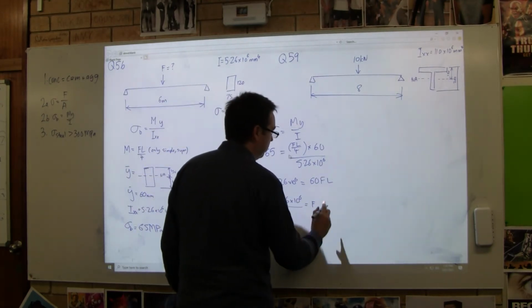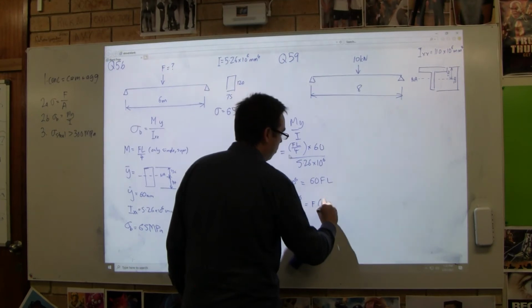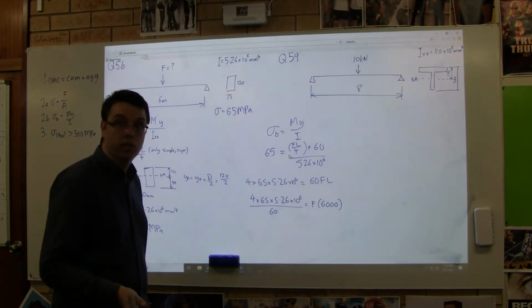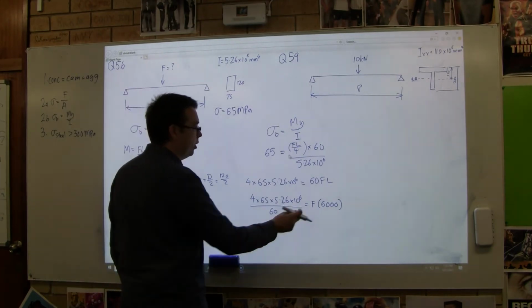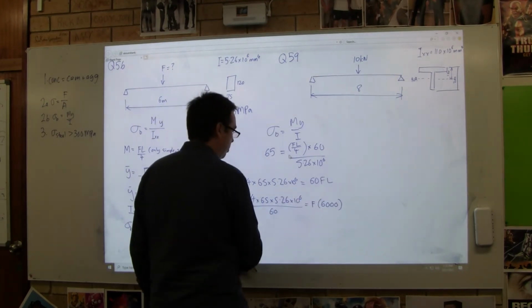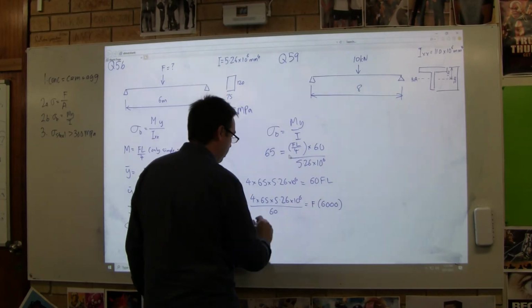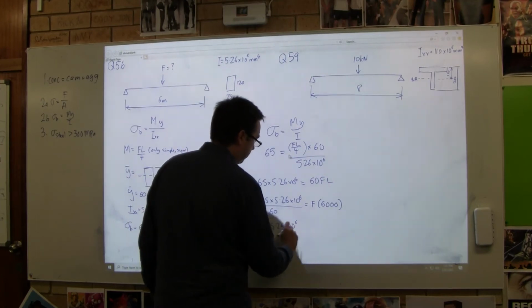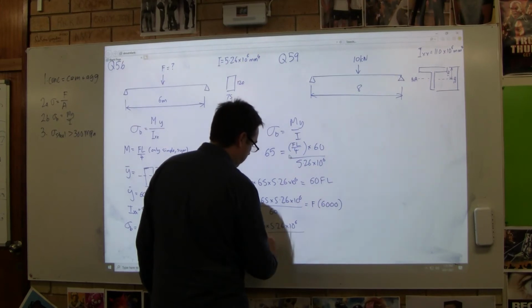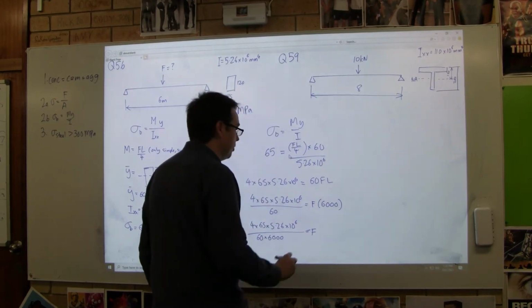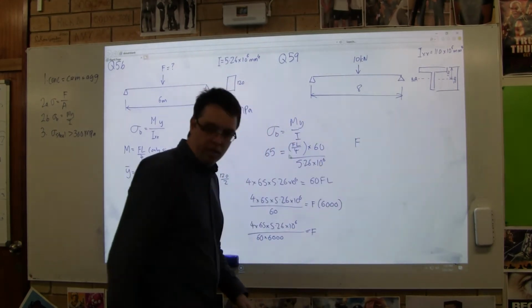We know the L is 6 meters or 6,000 millimeters, because we want to use millimeters for all our calculations. So 4 times 65 times 5.26 times 10 to the 6 divided by 60 times 6,000 equals F.